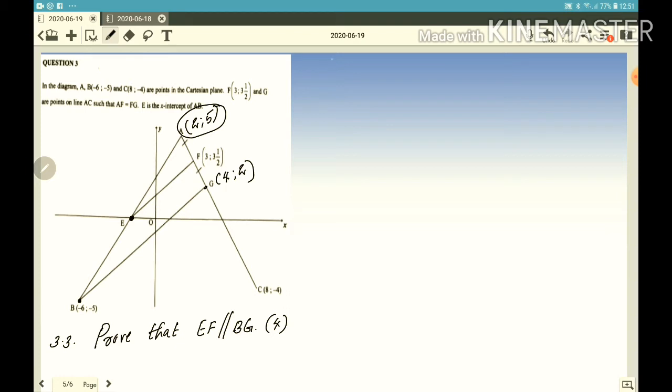Gradient of AB is equal to change in y, that is 5 minus 5, using the points A and B, then change in x, that is 2 minus 6. So it's going to be 10 divided by 8.